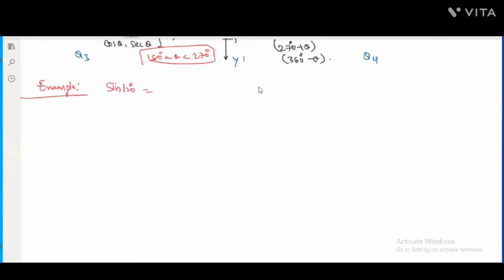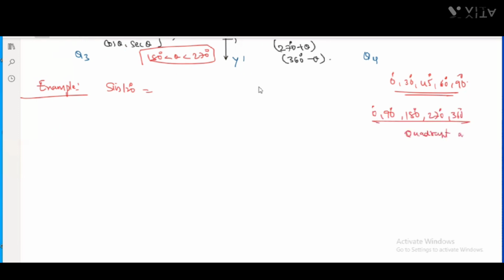I know only 0 degrees, 30 degrees, 45 degrees, 60 degrees, 90 degrees. One thing we have to discuss is that 0 degrees, 90, 180, 270, and 360 are called quadrant angles.